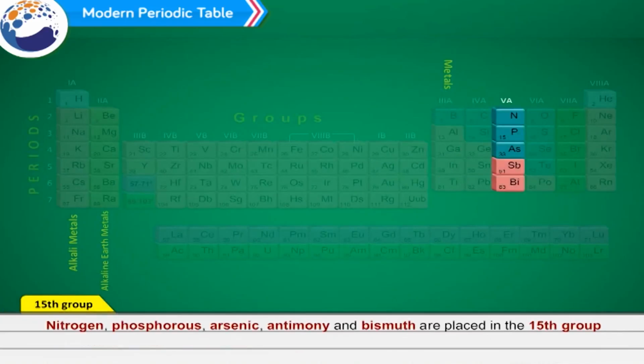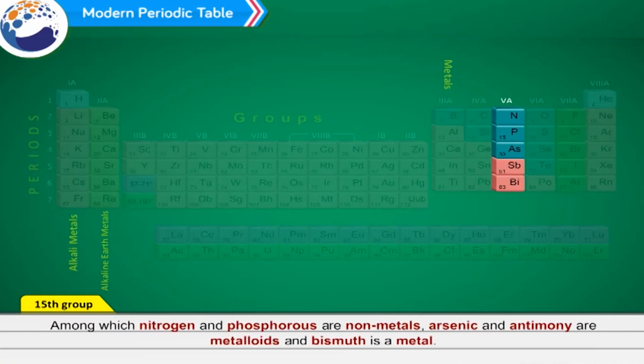Nitrogen, phosphorus, arsenic, antimony and bismuth are placed in the 15th group, among which nitrogen and phosphorus are nonmetals. Arsenic and antimony are metalloids, and bismuth is a metal.